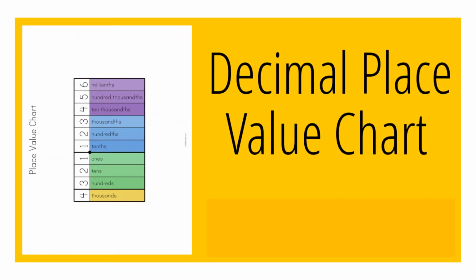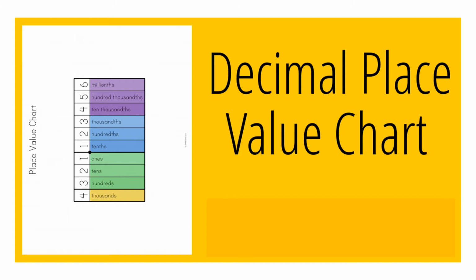In subtraction we will see how decimal numbers are subtracted. Before subtracting, I'll explain the place value chart of decimal numbers. Students, the place values before the decimal are the same as ordinary numbers: ones, tens, hundreds, thousands, then ten thousands, like that. But after the decimal, the first place is not ones.